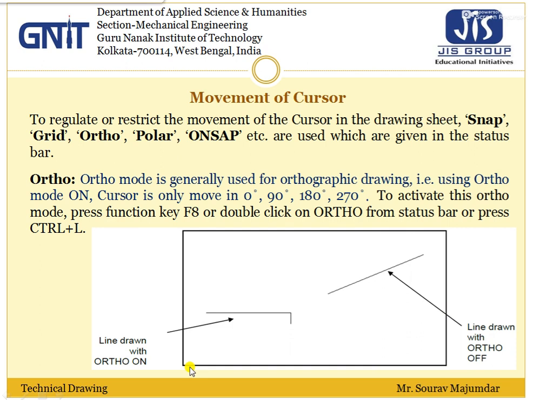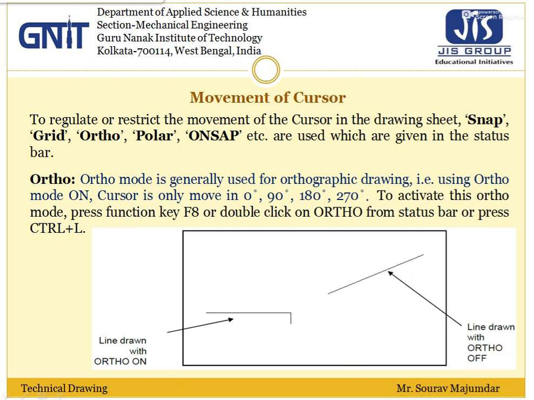Okay, whenever a line is positioned like that, 0, 90, 180 or 270, that means in the orthogonal direction. Orthogonal direction means 90 degrees to each other, that is, it is either parallel to horizontal or parallel to vertical.